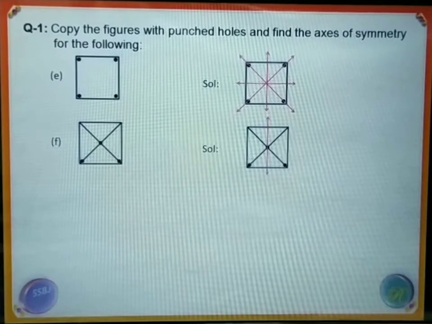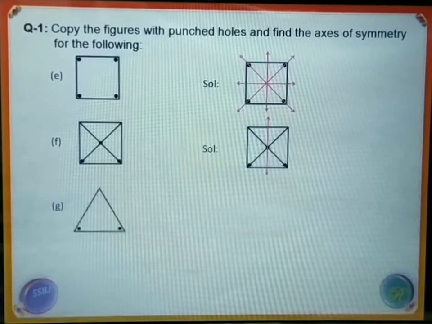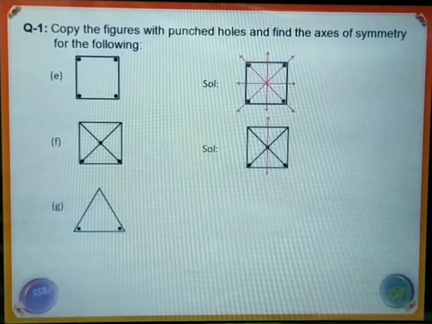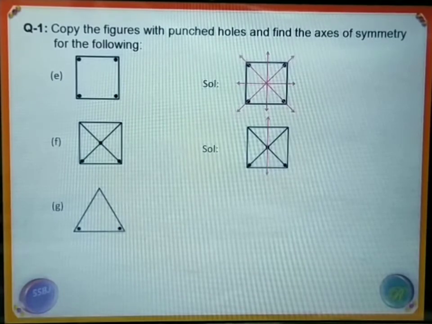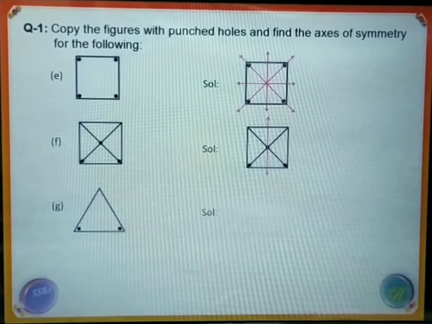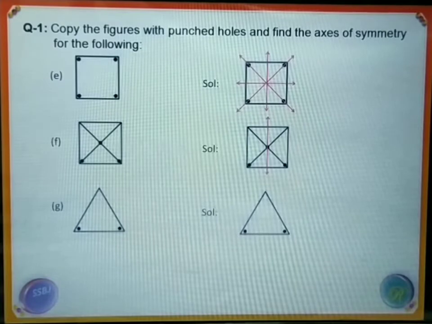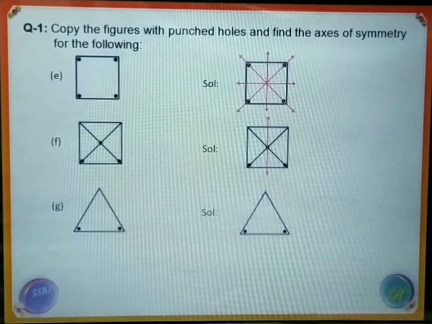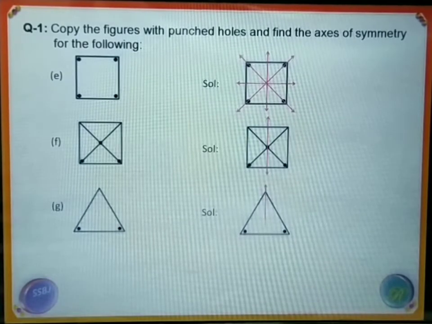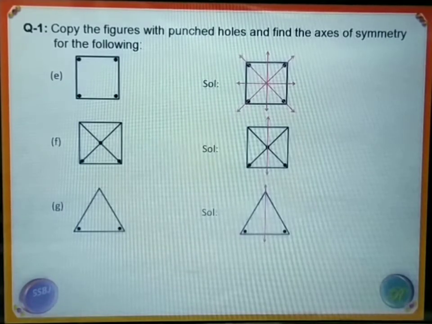Only one. Next figure. G. Solution. Take the copy of this figure. Draw the line or lines of symmetry. Only one line we are going to get.